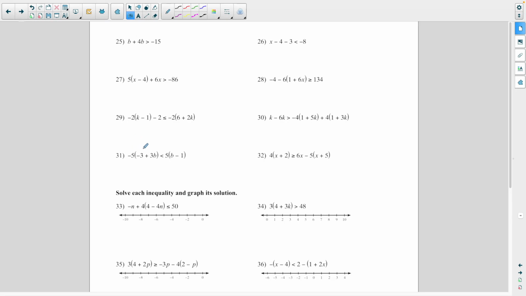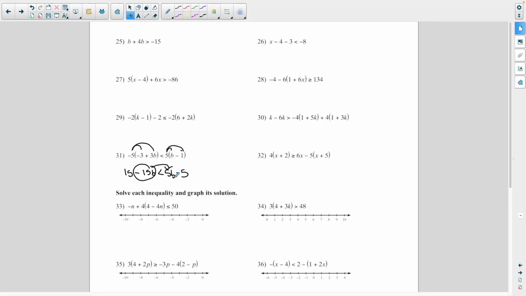Let's go to number 31. First, we're going to distribute. It was a positive 15 minus 15b is less than 5b minus 5. When we're doing variables, we want to make our smallest variable move it to the opposite side.